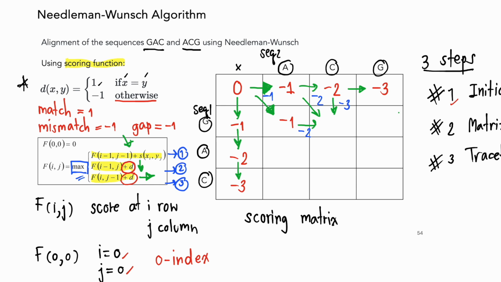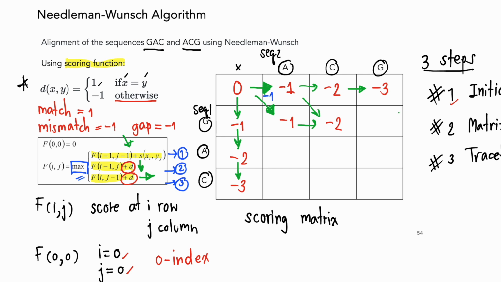So I will put the final score -2 and remove -3 out of the way. So I will leave the arrow from the diagonal and left cell. Alright, this is the final score.